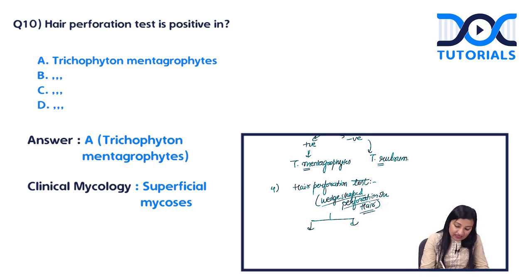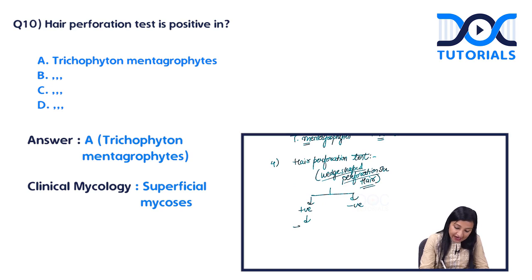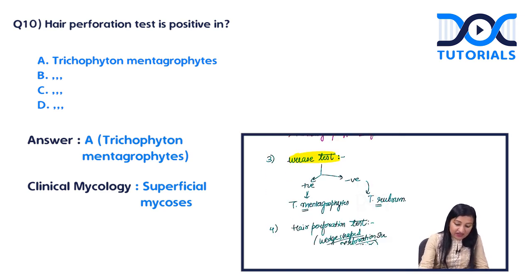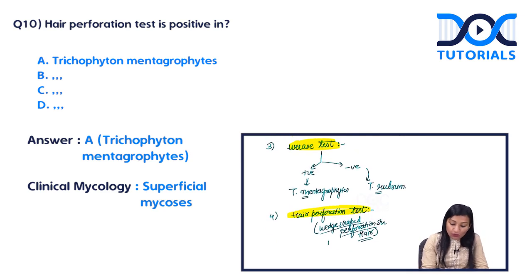So this test is positive in Trichophyton mentagrophytes and negative in Trichophyton rubrum. Both these tests, the urease test as well as the hair perforation test, are positive in mentagrophytes and negative in rubrum.